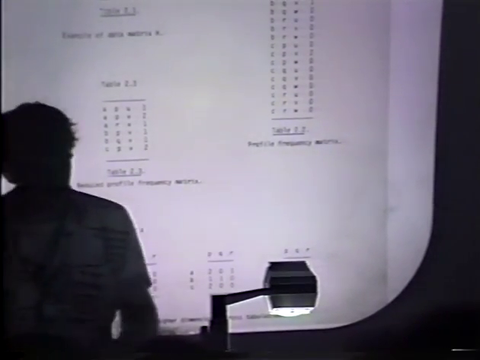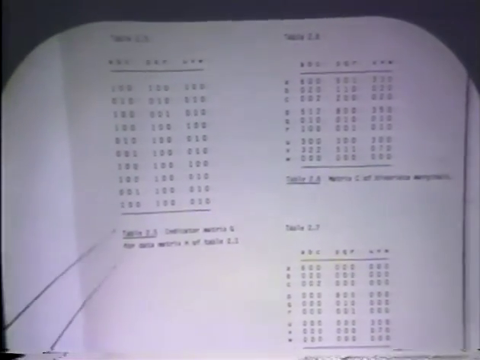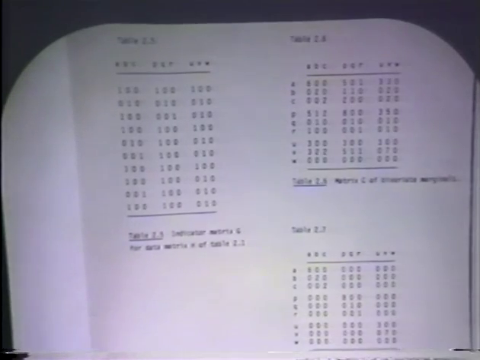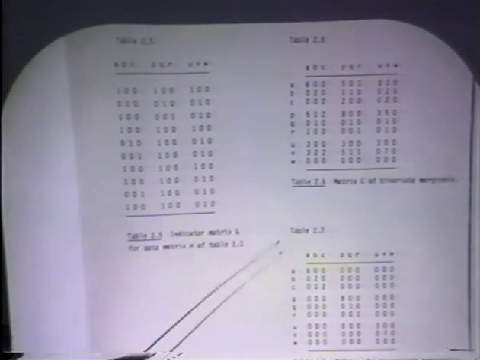For the technique we will be talking about today, you need to give it the form of an indicator matrix, which again is listed for this example up here. The same indicator matrix that was on my transparency some time ago.